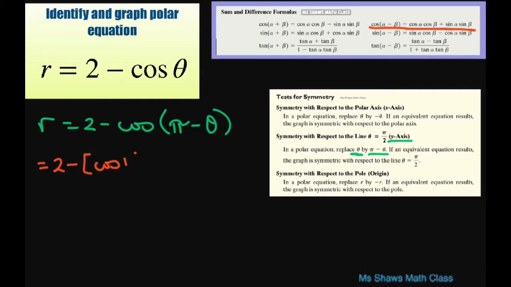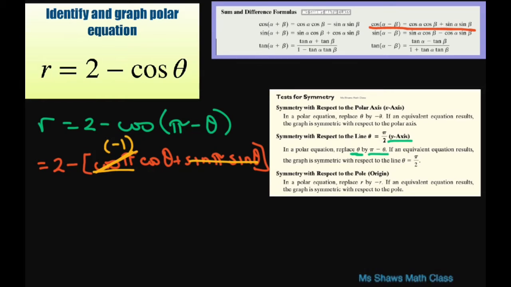We're going to get 2 minus cosine of pi times cosine of theta plus sine of pi times sine of theta. Sine of pi is 0, so that goes away. Cosine of pi is negative 1.